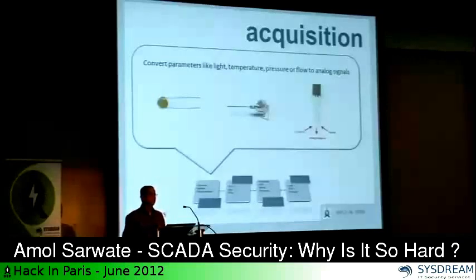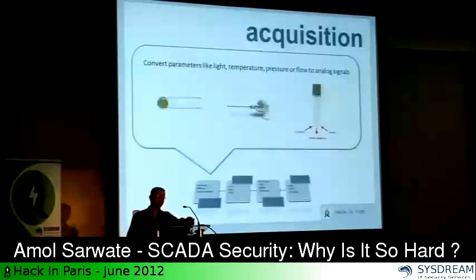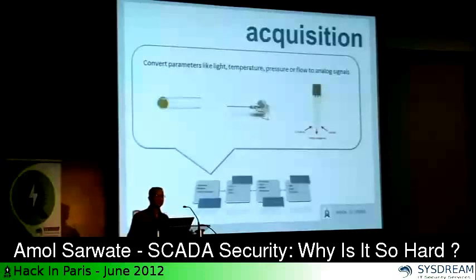It basically just tells you if there is light around it. The second one is a pressure sensor. The third one is a temperature sensor. So what these sensors, meters, and field devices do is capture parameters in their environment and convert them into analog signals.